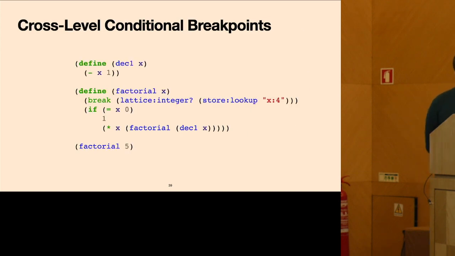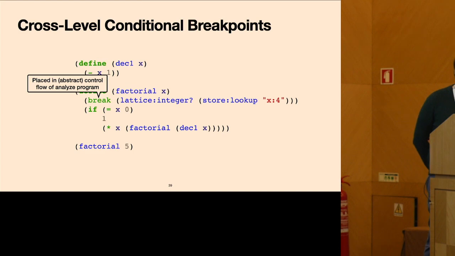To give an example of this, I have our factorial program again, and here the breakpoint only breaks when the value stored in our store on address x;4 is an integer. So we have two types of breakpoints here. We have the store breakpoint and the lattice breakpoint. Now notice that this breakpoint is placed in the analyzed code rather than in the analysis implementation.